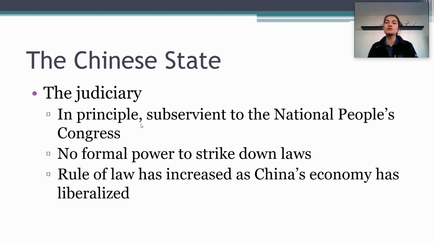And so countries that are seeking foreign direct investment, as China did in the 80s, 90s, and today, tend to reinforce the rule of law, at least as it applies to business practices and the treatment of foreigners. That said, the judiciary, somewhat like what we see in Russia, is very much an instrument of state power. And in China in particular, the judiciary, of course, tends to be pretty responsive to the wishes of the Communist Party.